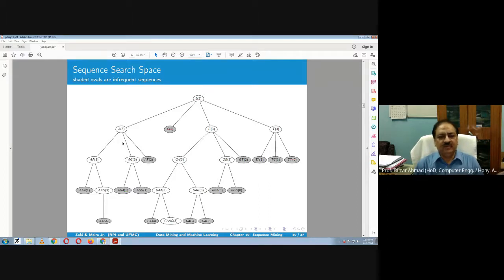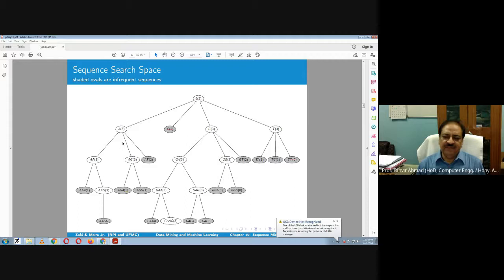I find that AAA does not pass the minimum support, whereas AAG passes the minimum support.